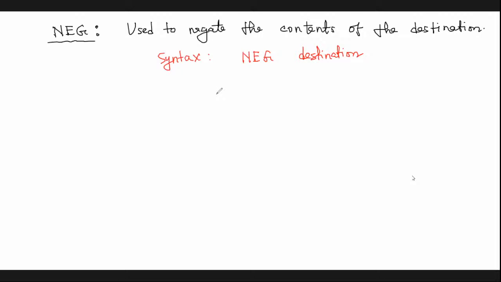So you have to store somewhere. You cannot store in between number. So that's why the only possibility of being a destination is a register or a memory location. So you can write that if you want.